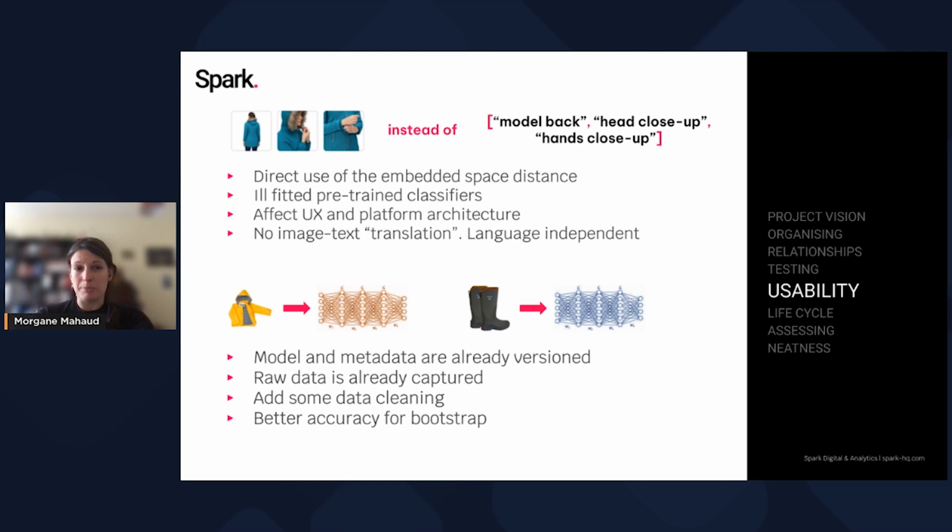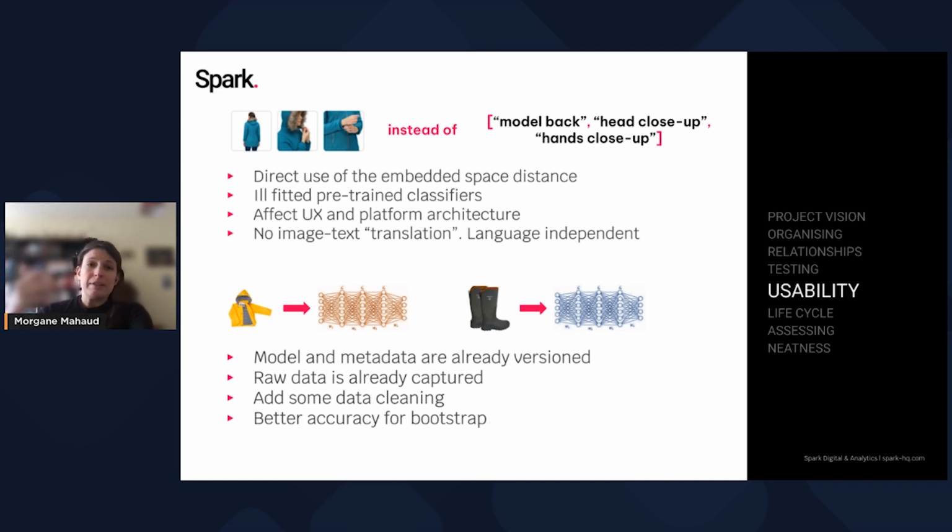So, the example from our red line: a choice we made considering usability. You have seen that we create sequences of images. The guide for those sequences has been an image guide, and we chose that over a text guide for several reasons. First, because that way we can directly use the embedded vector. We don't have to translate that into language.